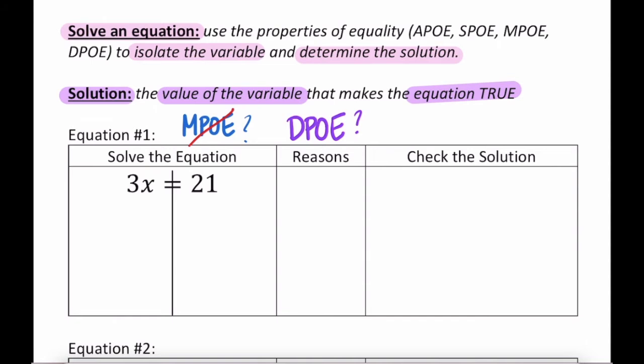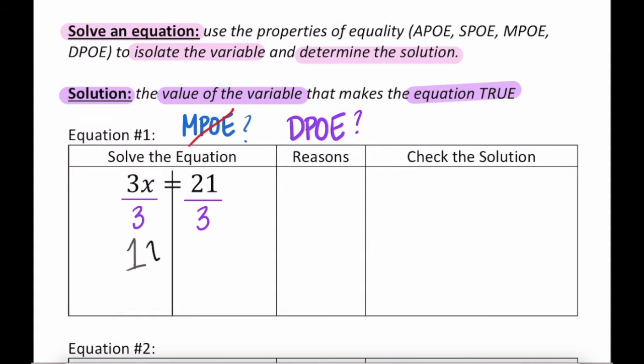Again, I notice that x is being multiplied by 3. So let's try dividing by 3 and see what happens. 3 divided by 3, that's just 1, isn't it? Yeah, 3 divided by 3 is 1.